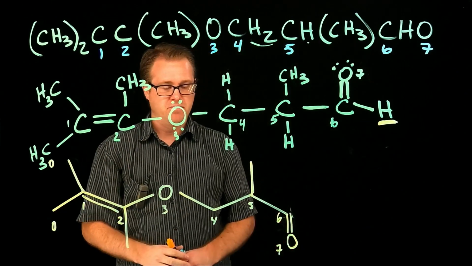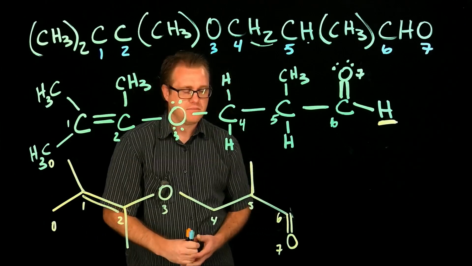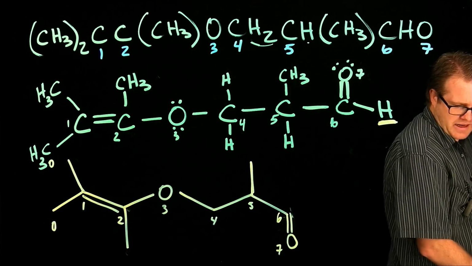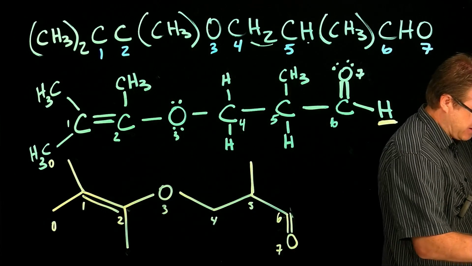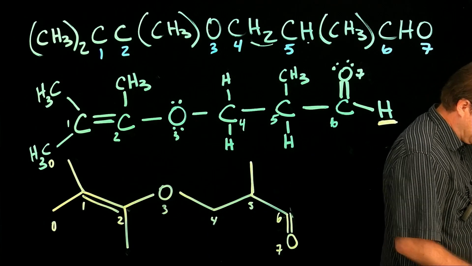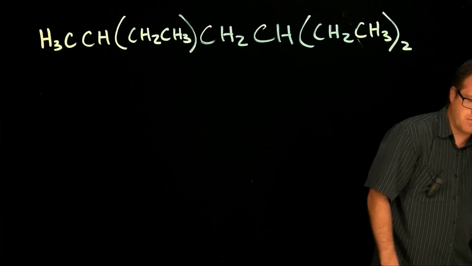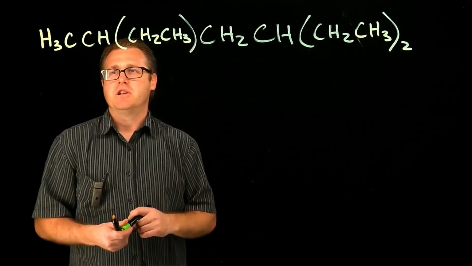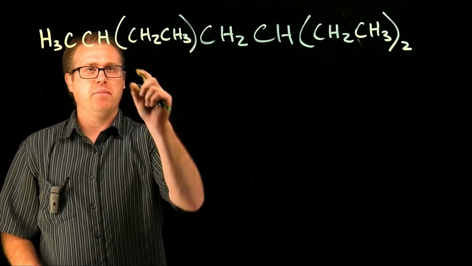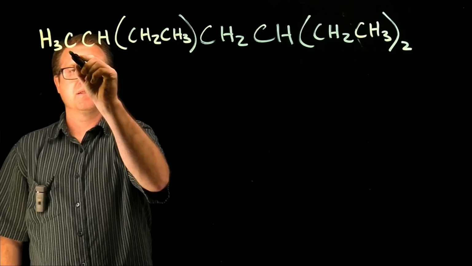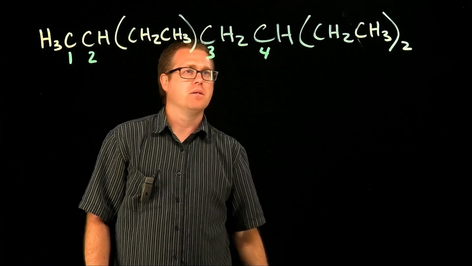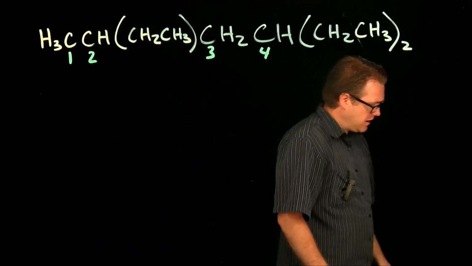Make sure you can do things in both directions. Okay? Let's see here, time-wise here. I think we have time to do another example. Okay, in this example, you just number the carbons like I did last time, except the ones in the parentheses. So 1, 2, 3, 4.